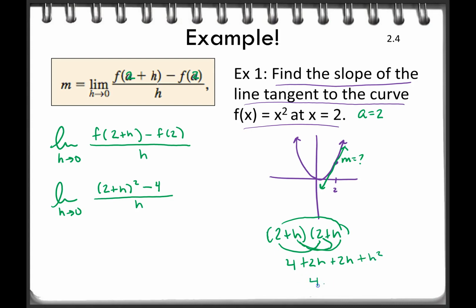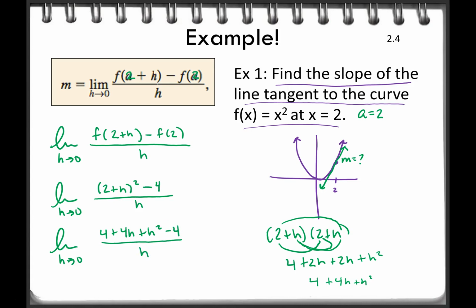So that gives me 4 plus 4h plus h squared. At this point, you might be able to do that in your head. So I'm going to rewrite that. The limit as h approaches 0 of 4 plus 4h plus h squared minus 4 all over h.